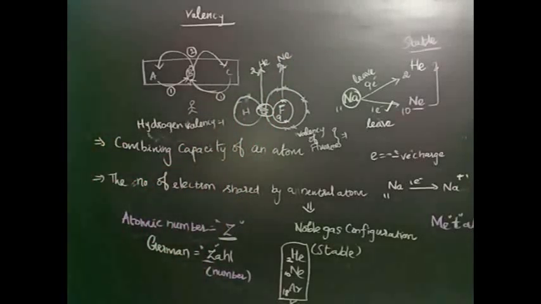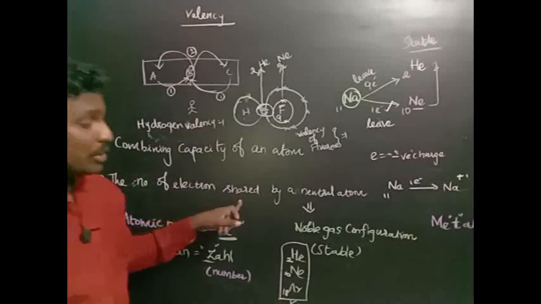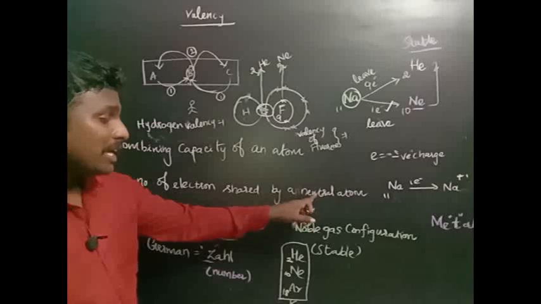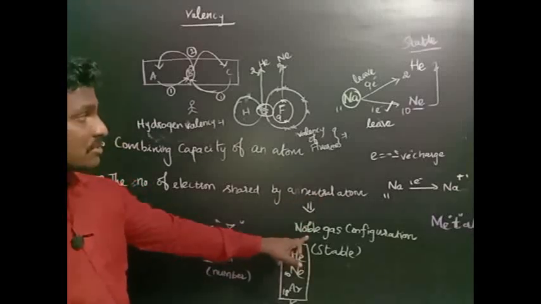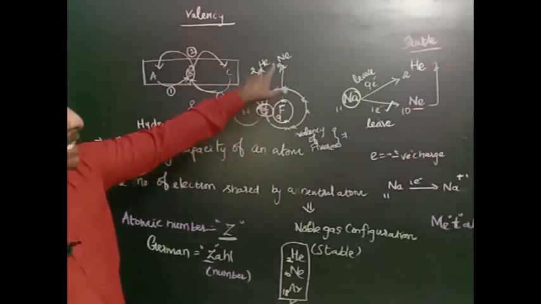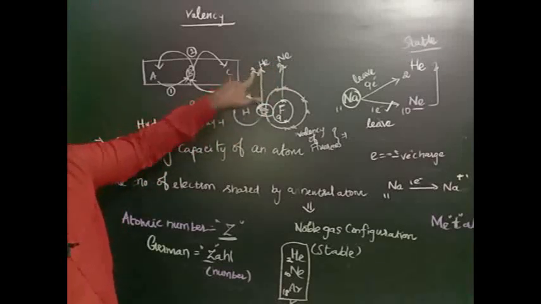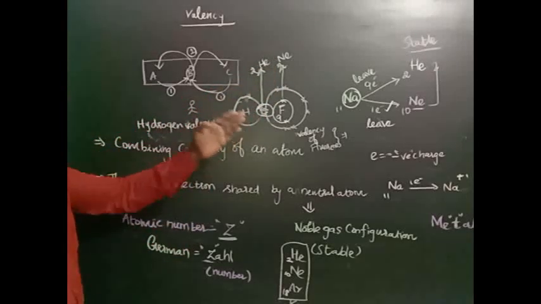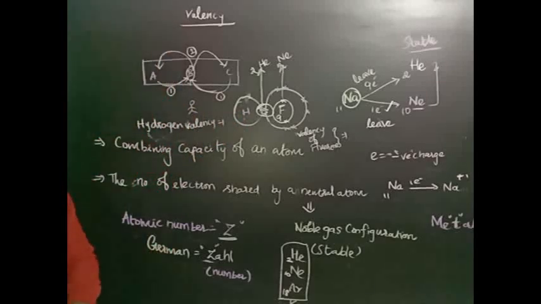What is the definition for valency? The number of electrons lost, gained or shared by a neutral atom to gain the noble gas configuration. While you are sharing this number of electrons, it gains the noble gas configuration. So it is the valency of the particular element.